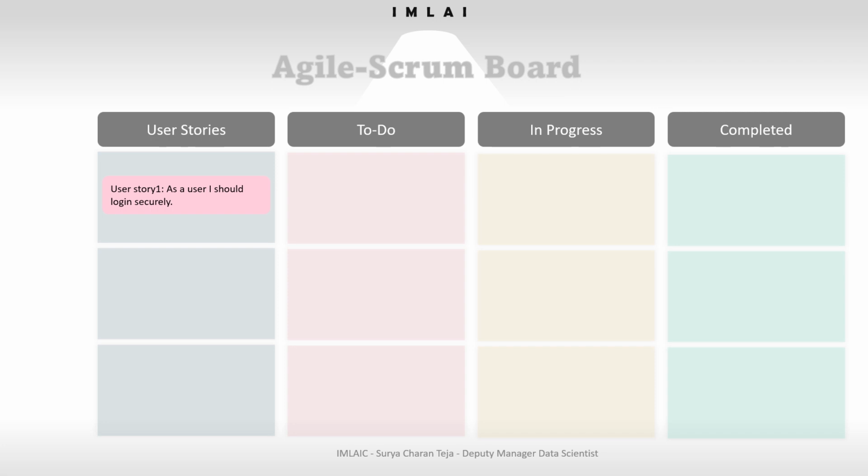Now, the product owner breaks down the overall product functionality into smaller pieces. That's where the product owner comes into the picture. Each sprint or iteration prioritizes and tackles these stories.